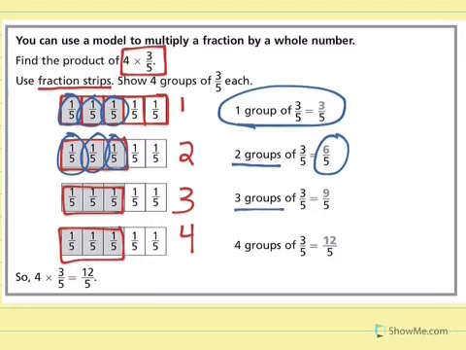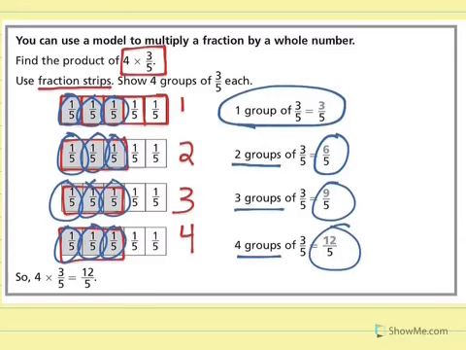The third one, now I have 3 groups of 3/5, which of course would be 3, 6, 9, 9/5. The fourth one, I have another 3/5. So there are 4 groups of 3/5, which means we have a total of 12/5. So 4 times 3/5 is 12/5.